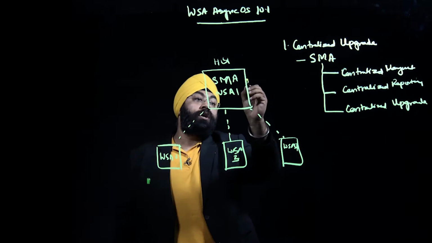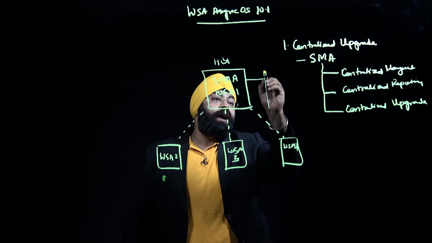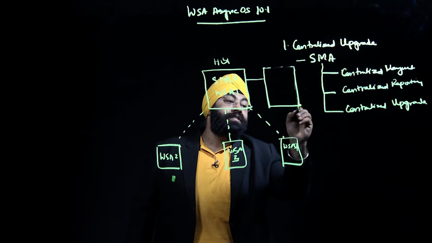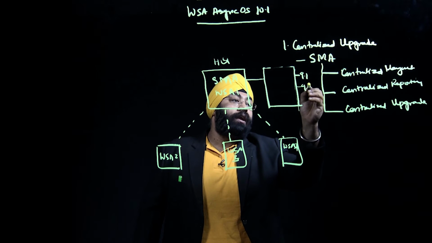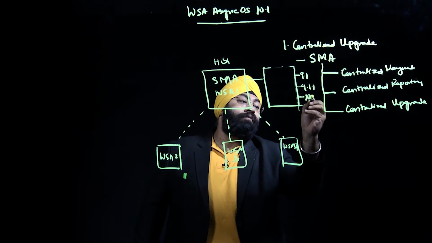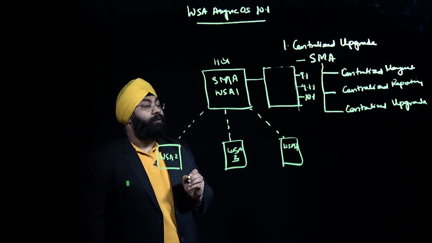Now with this feature, what would happen is when you click on the centralized upgrade, you would find the list of all the available upgrades. So say for example, you have 9.1, you have 9.1.1, and along with that, with the new release, you would have 10.1. So these are all my general deployment releases.